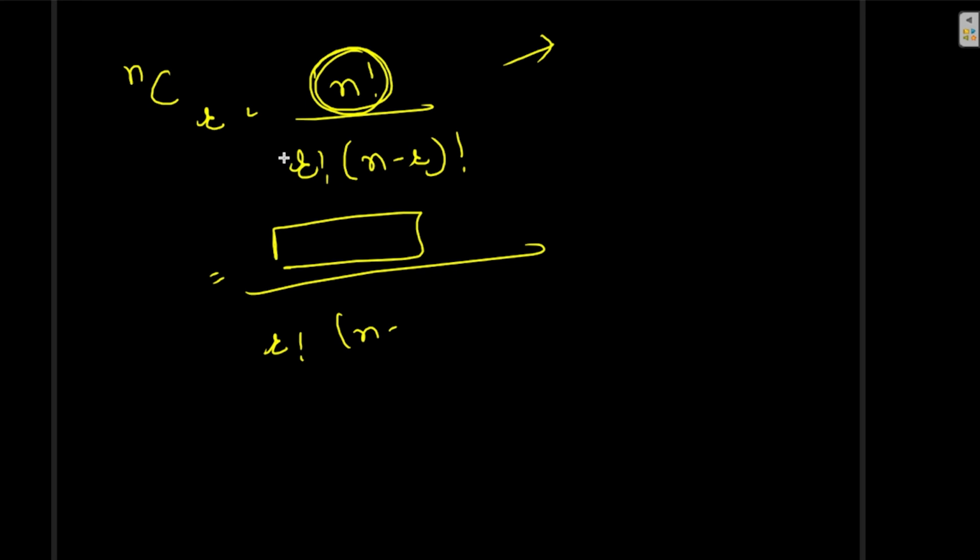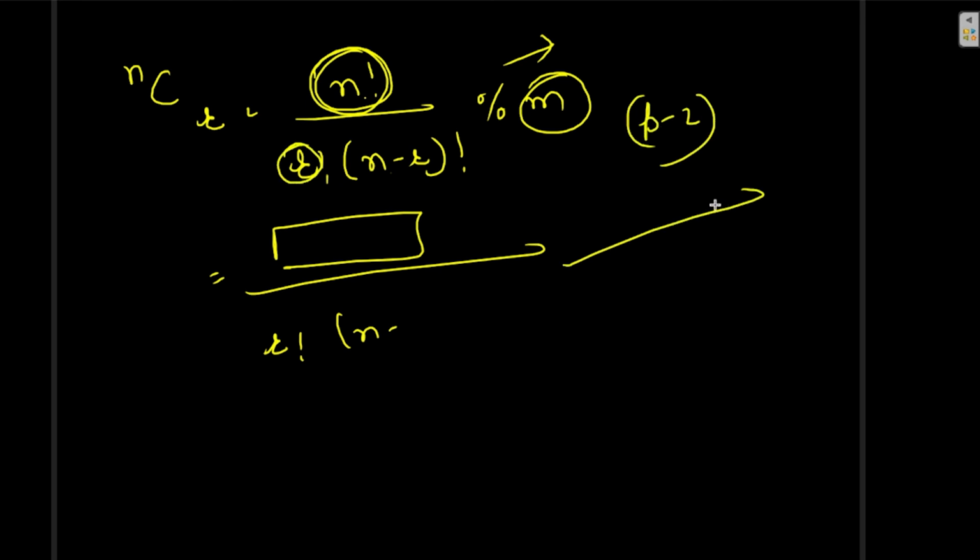Then as we know that we need to have this divided by this modulo m something. So if that is prime, we would use Fermat's little theorem, that is this value to the power p minus 2, and we would have that. So consider learning that as a bonus if you want to level up.